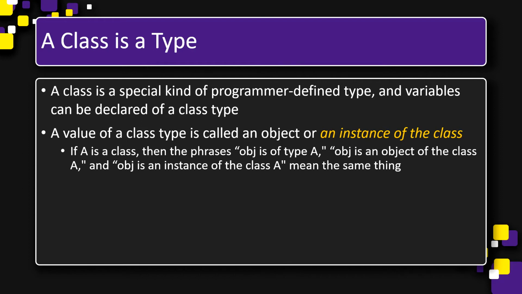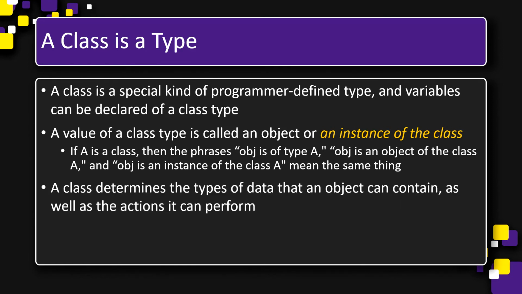If A is a class, then the phrases obj is of type A, obj is an object of the class A, and obj is an instance of the class A all mean the same thing. Now that's really important because these are all different ways that we can talk about how the object itself relates to the class.